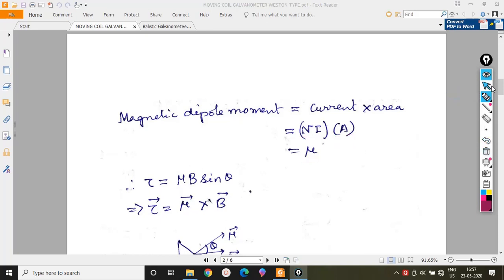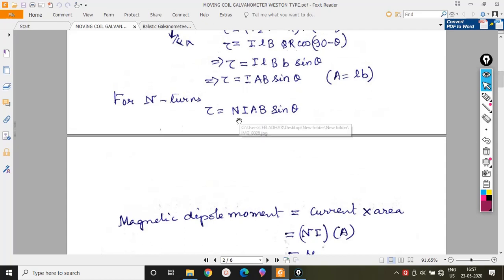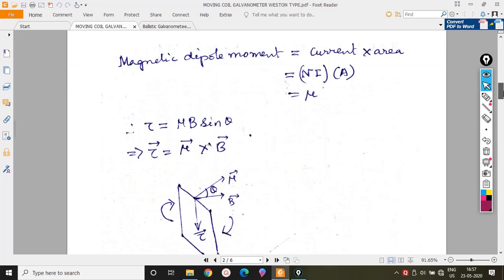Go back and see, you have that tau expression NIAB sine theta, so this product NIA is replaced by mu. So on replacing, you are getting tau equals mu B sine theta, and in vector form I can write tau equals mu cross B.